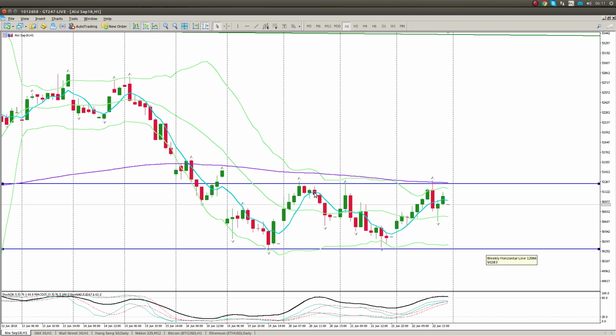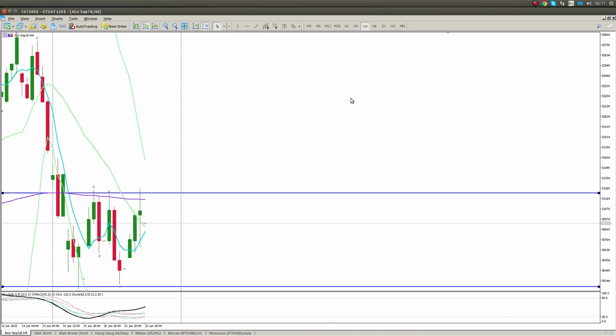So we do have an inverse head and shoulders. So there is the left shoulder, there is the head, and there is the right shoulder. Okay, so we do have a potential reversal pattern there. I'm not entirely convinced that's going to play out.